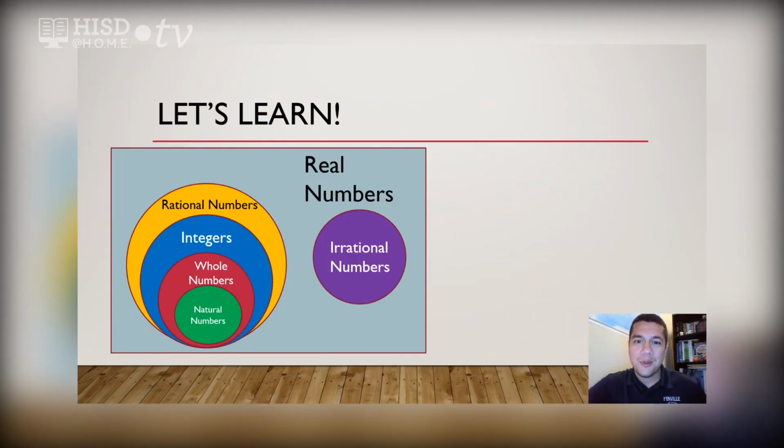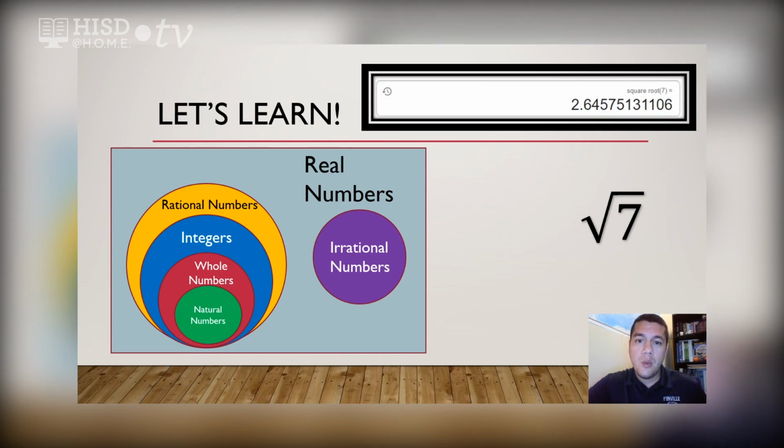Our next number is the square root of 7. And in order for us to know which classification it is contained in, we can use a calculator. If we use a calculator, we'll know that the square root of 7 is actually a non-terminating decimal. That means that the decimals are going to continue until infinity.